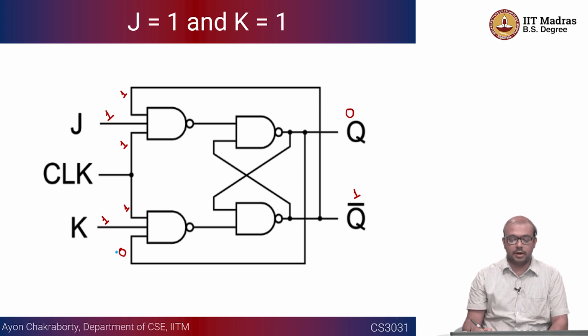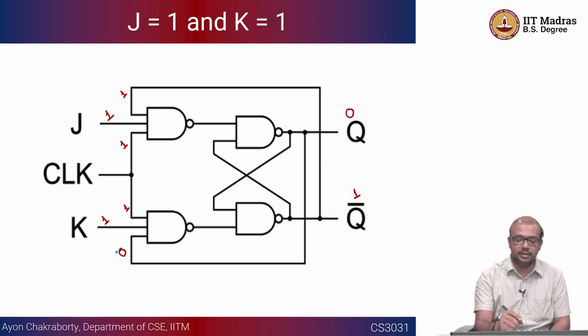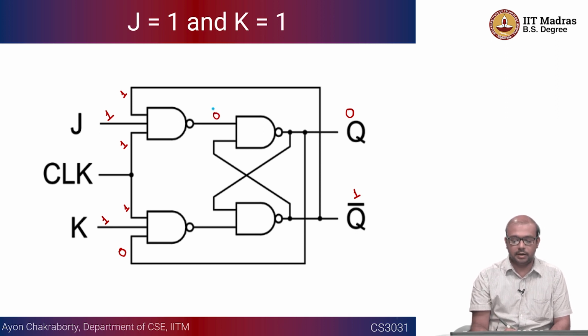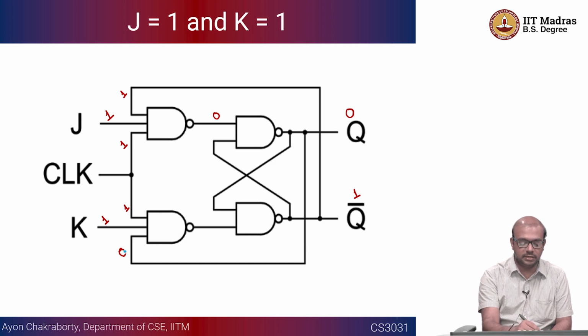Okay, so now if you see 1, 1, 1 on the top, if you AND them, it's going to be 1, and the NOT of that is going to give rise to a 0. Okay, and on the bottom part, this is going to be 0, 1 and 1. So 0, 1 and 1, if you AND them, it becomes 0, but since it is a NAND operation, this is going to become 1.